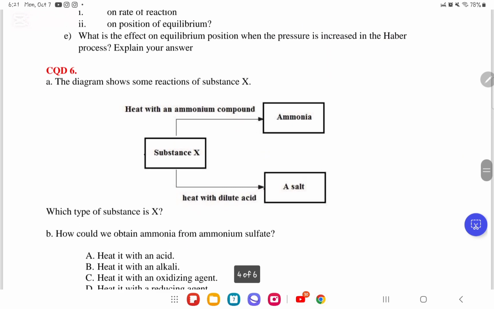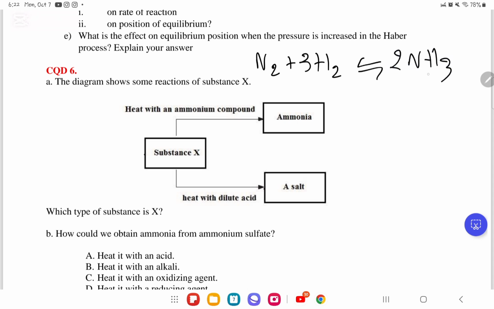Now part E. What is the effect on equilibrium position when the pressure is increased in the Haber process? So I don't know how many times they asked us this question. So what's the Haber process reaction? It is N2 plus 3H2 equilibrium 2NH3. So here we have 4 gases and here we have 2 gases. So definitely, if we're increasing the pressure, then the side with more gases will be giving to the side with fewer gases.